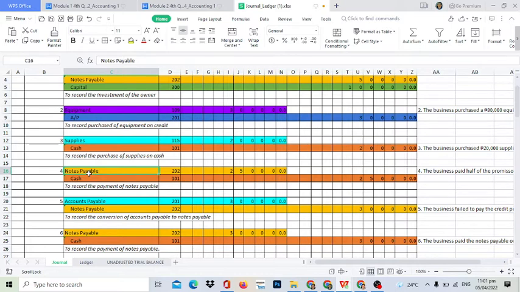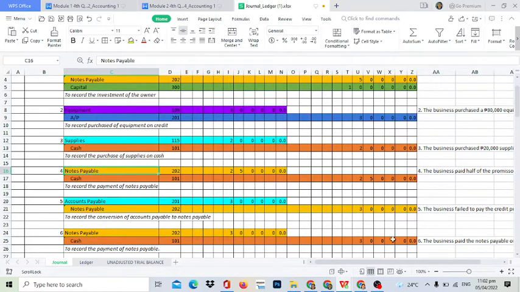Kaya po, naka-enter yung amount under po ng debit. Bumaba rin po yung kanyang cash since nagbayad po siya ng 25,000 sa kanyang liability. Yung under po ng notes payable.